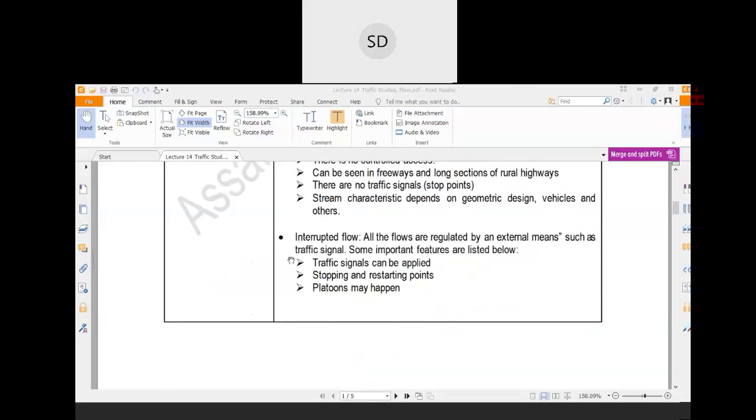So in interrupted flow there are different characteristics like traffic signals. Traffic signals can be applied, there would be stopping and restarting points, and plateaus may happen. Now what does plateau mean? Suppose there is a highway, and in some portions of the road, some repairing works are going on.